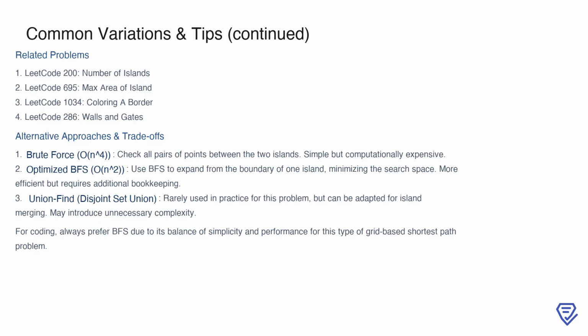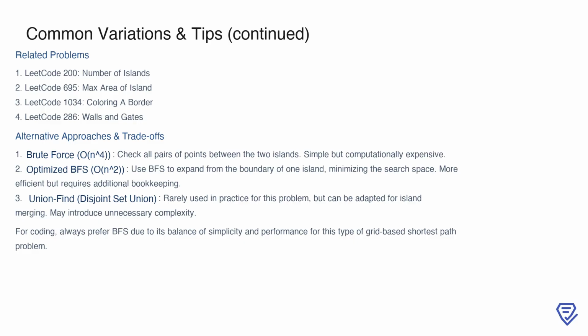them excellent practice. Now, let's briefly discuss alternative approaches and their trade-offs. The brute force method, which checks all pairs of points between the two islands, is conceptually simple but has a staggering O(n^4) complexity, making it unsuitable for larger grids. A more effective approach is optimized BFS, which reduces the complexity to O(n^2), by expanding from the boundary of one island.